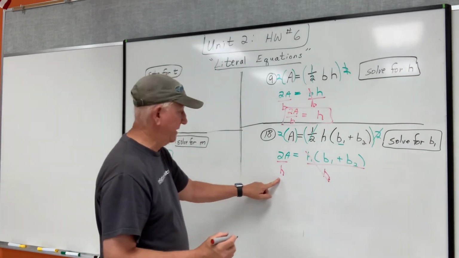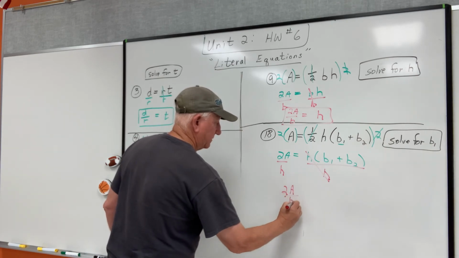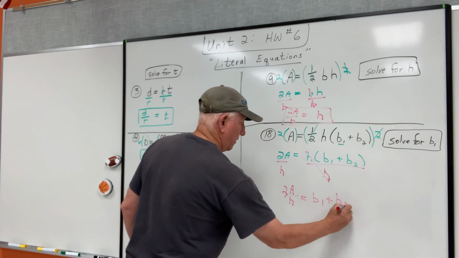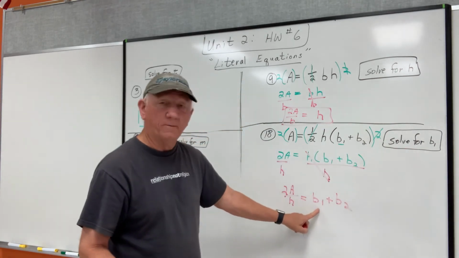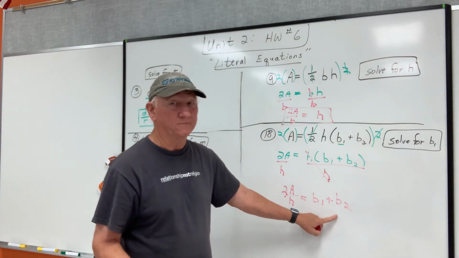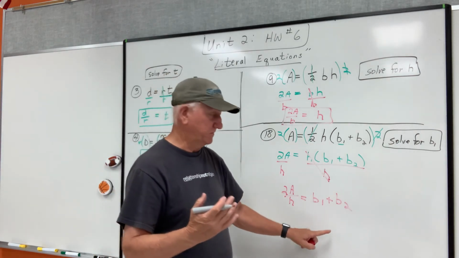So let's write what we have left. 2a over h equals b1 plus b2. We're almost there. We want b1 all by itself. So how do I get rid of plus b2? Inverse of adding is subtraction.